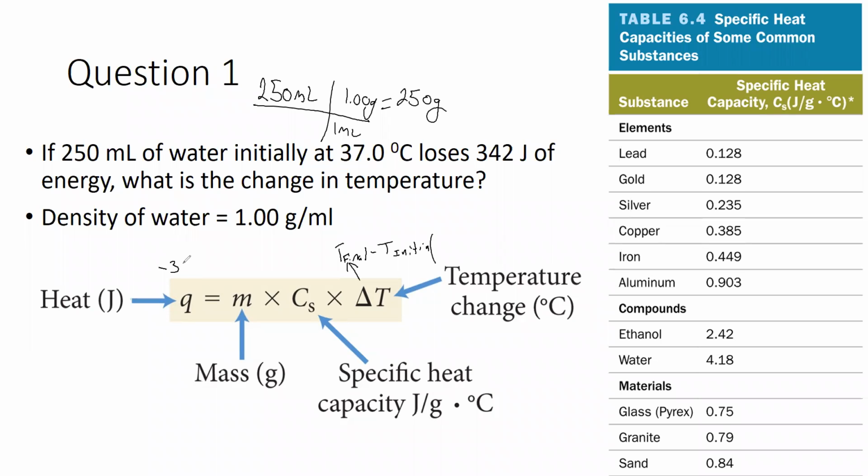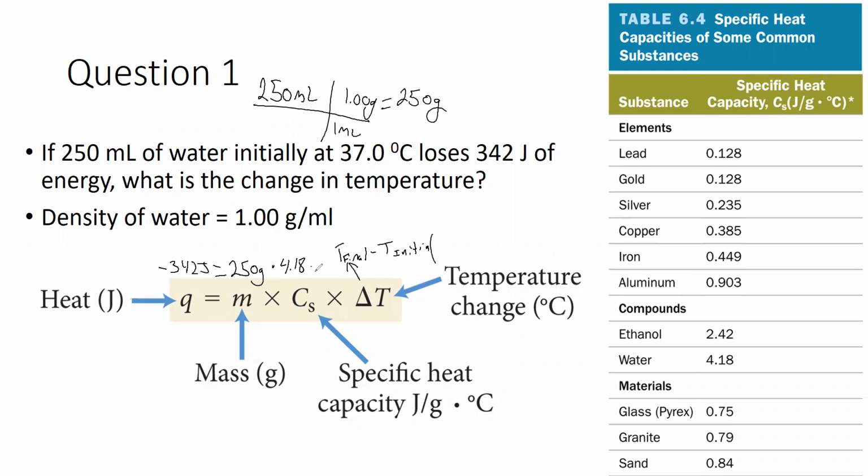So it's negative 342 joules. That's my Q. My mass, we just did up here. If you're given a volume, you need a density to convert to weight. And that's going to be 250 grams. And our specific heat is 4.18 for water.